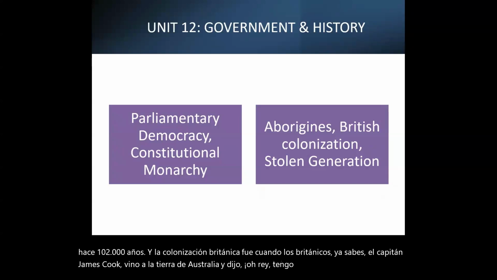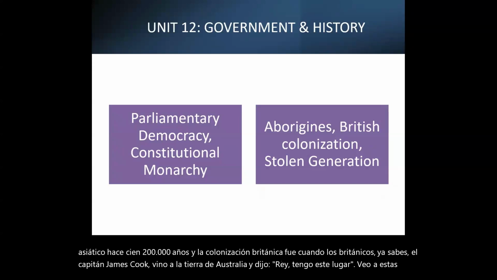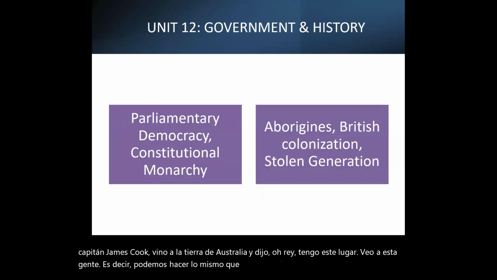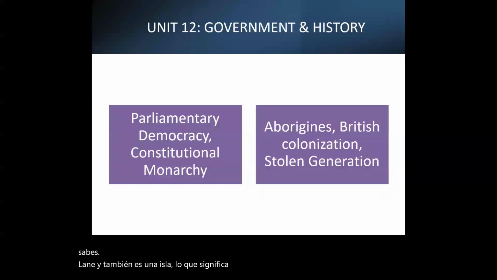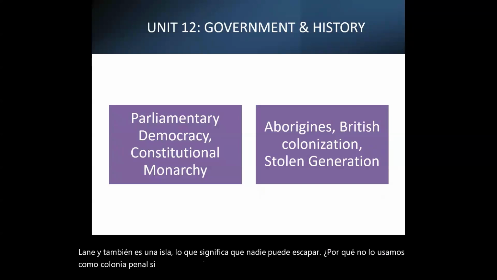I see these people. We can do the same thing that we usually do, take people's spot and ruin their land. And it's also an island, which means no one can escape. Why don't we use it as a penal colony since we can't use America as a place to send prisoners?"